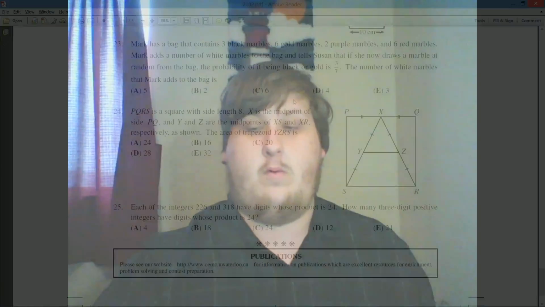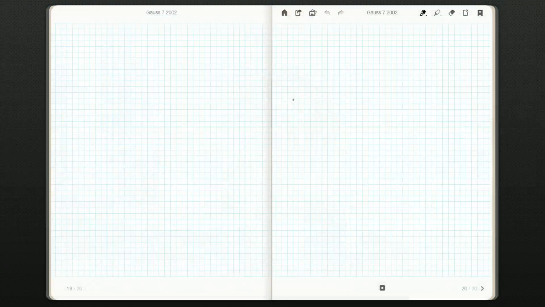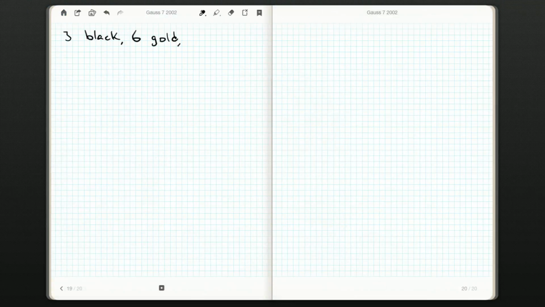Now, we're told the numbers of all the other marbles. And we're told that once we add W white marbles, that gives us a certain probability for being black or gold. So we can set up the equation for that probability, and hopefully we can rearrange it and figure out exactly what W is, and that'll give us the right answer. So we have 3 black, 6 gold as I recall, 2 purple, and I think it was 6 red.